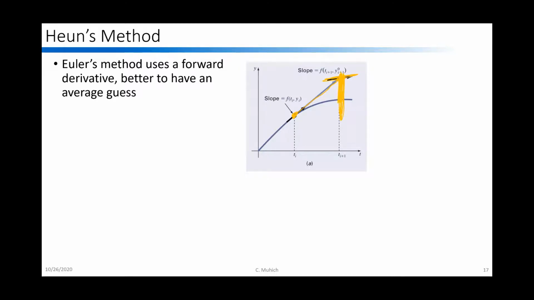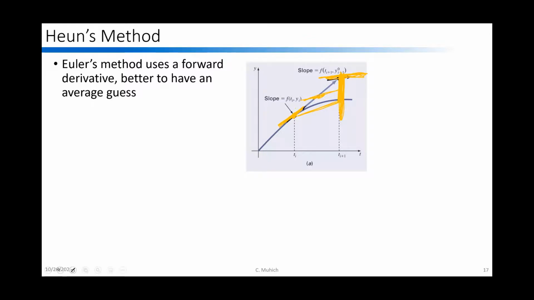Once I'm at this point, I can then take my slope here. Then I'm going to average this slope and this slope in a central difference-like formula, and take that average to be what the derivative should be over the entire length. The idea is I should get a better estimate of my error.